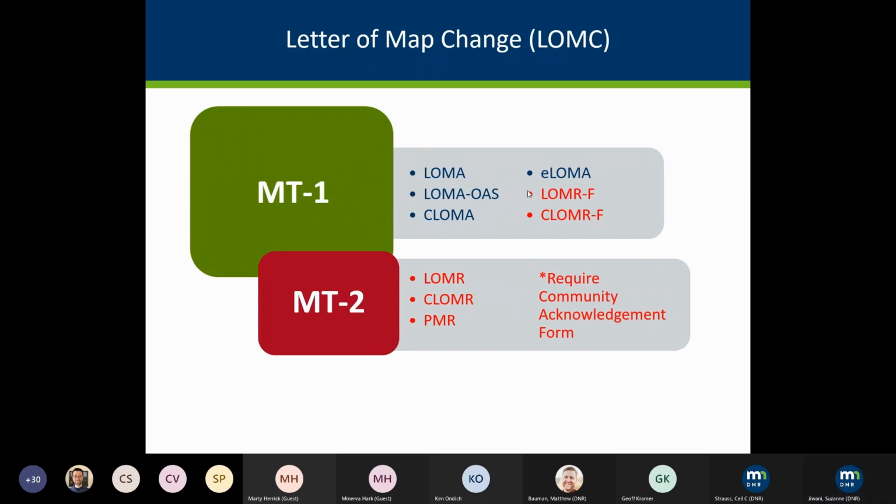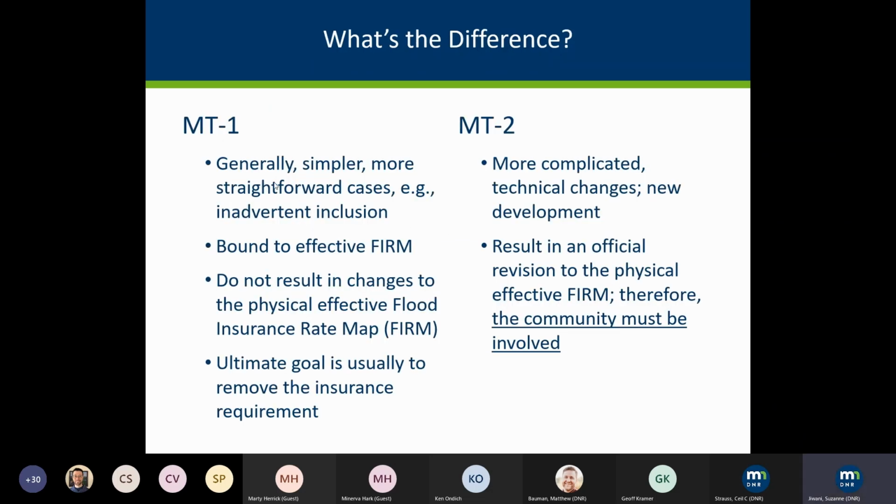Here we go. These are the ones for the letter of map amendment. Generally, the MT1s are simple, straightforward cases, and they reflect what's on an effective FIRM. So you say, this is the flood insurance rate map. This is what we think is inaccurate.